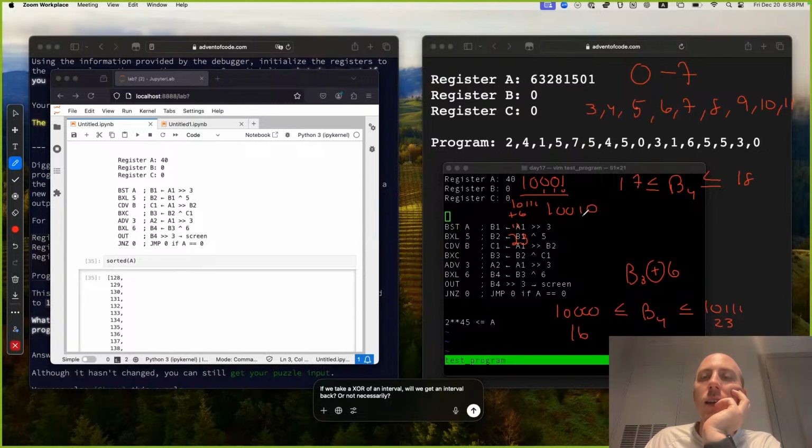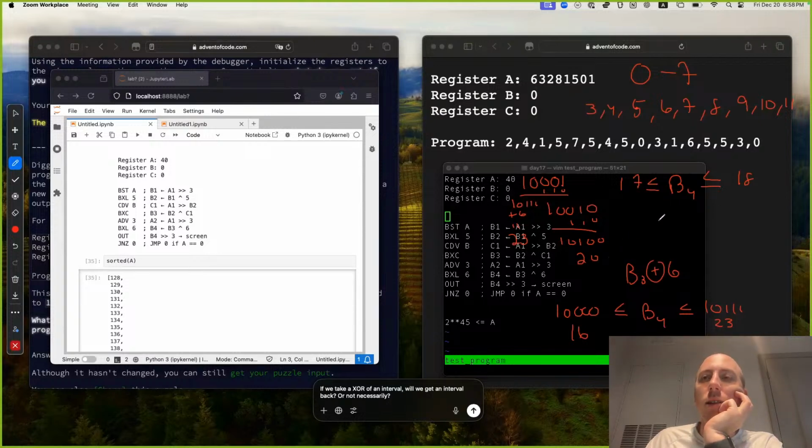And then 18 gives you 16 plus 4, so this is 20.